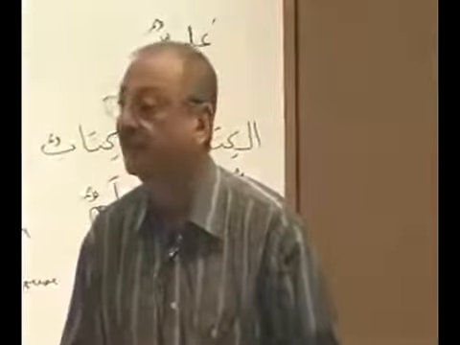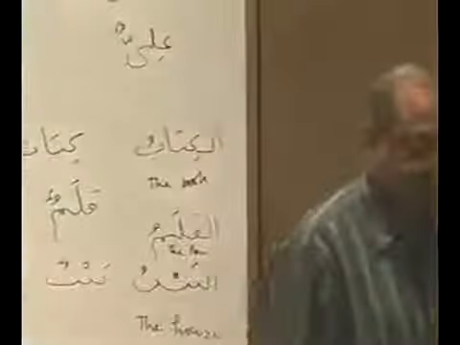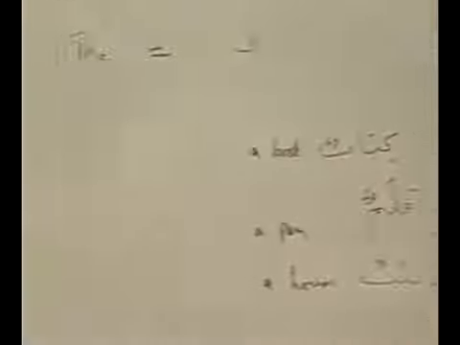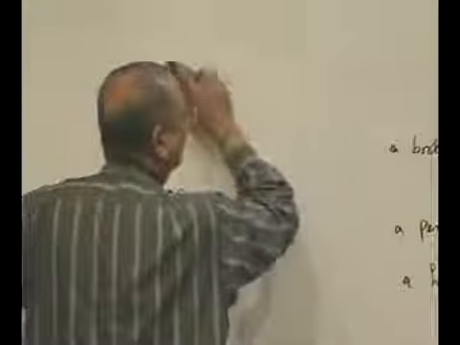It means the noun is definite. You will remember this, please. Okay? And I will be repeating it again and again, inshallah. Brothers and sisters, now I come to a very important rule in Arabic, and inshallah I will try to explain it in a nice way.